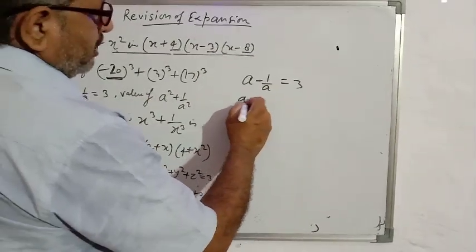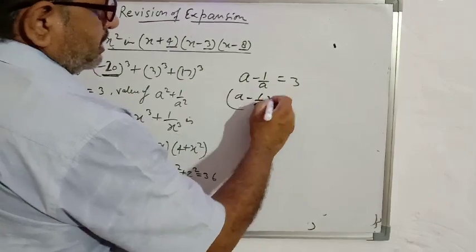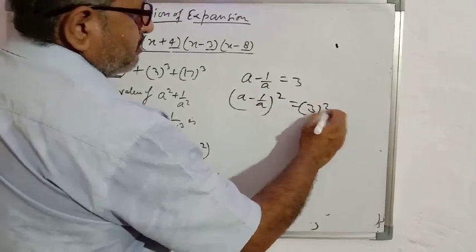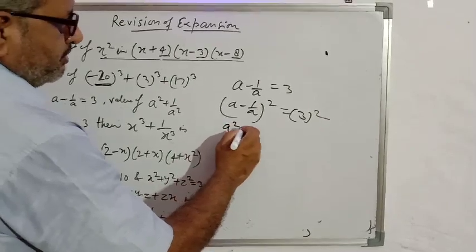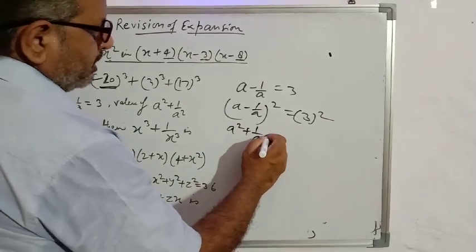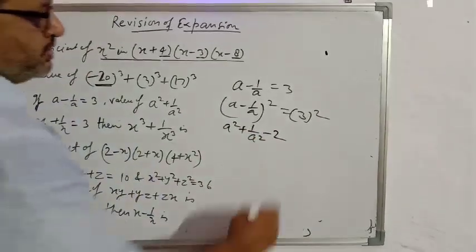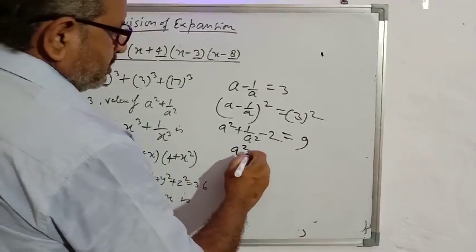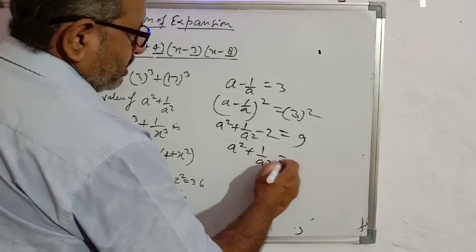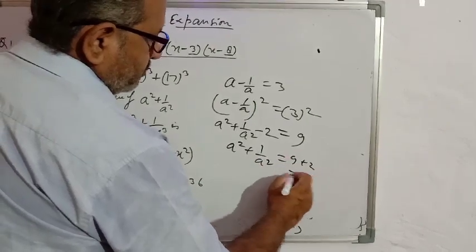So squaring on both sides. Use here (a minus b) whole square. It will be a square plus 1 upon a square minus 2, and 3 square is 9. Transpose minus 2. So a square plus 1 upon a square is 9 plus 2, 11.